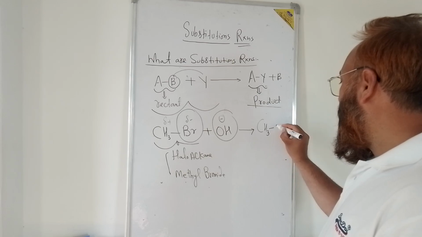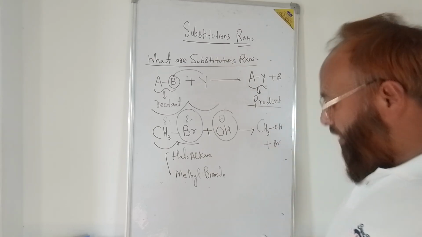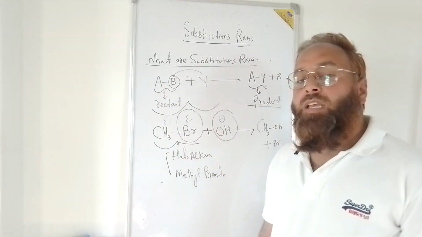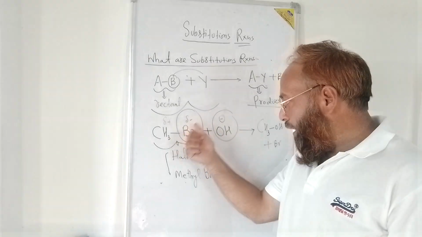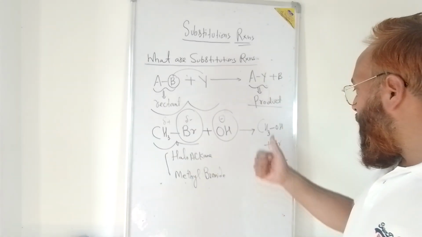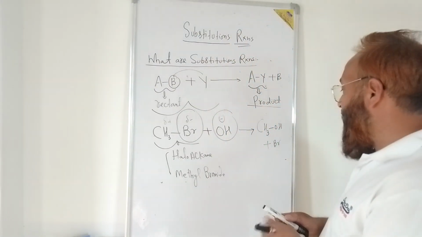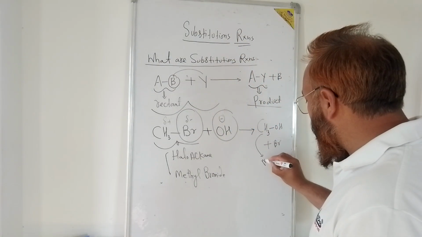CH3OH plus Br. So this is methyl bromide, and I take the hydroxide ion. The hydroxide ion comes in place of Br, and the product formed is CH3OH. This is known as an alcohol, and what type of alcohol? This is known as methanol.